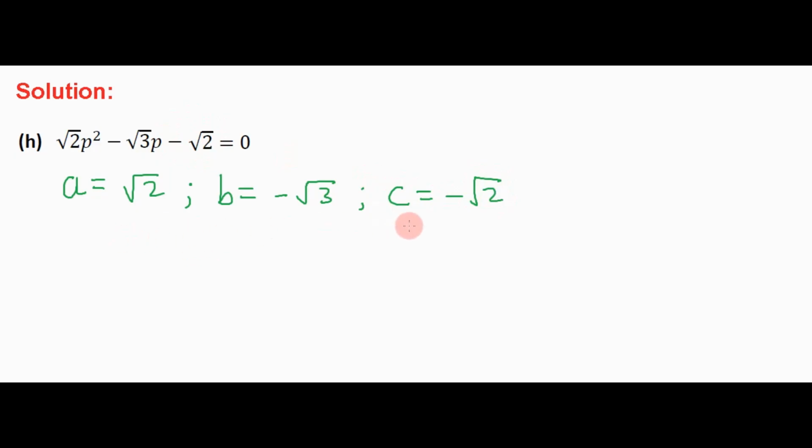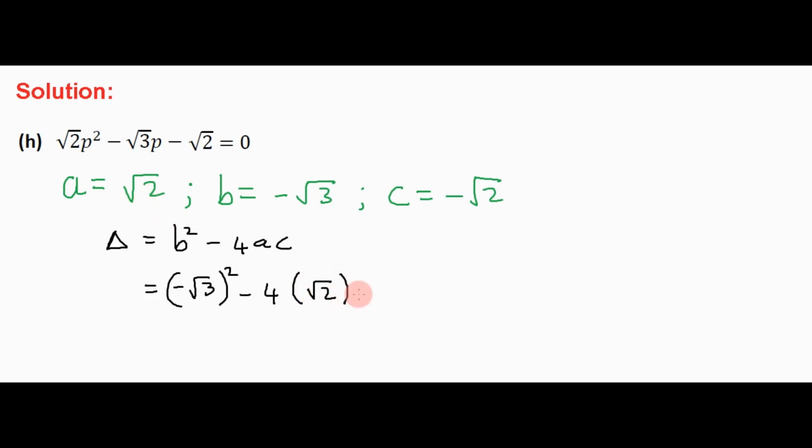We can plug these values into delta. So it's going to be b squared, which is negative square root 3 all squared, minus 4a, so 4 times square root 2, so 4ac, so negative square root 2 in here.